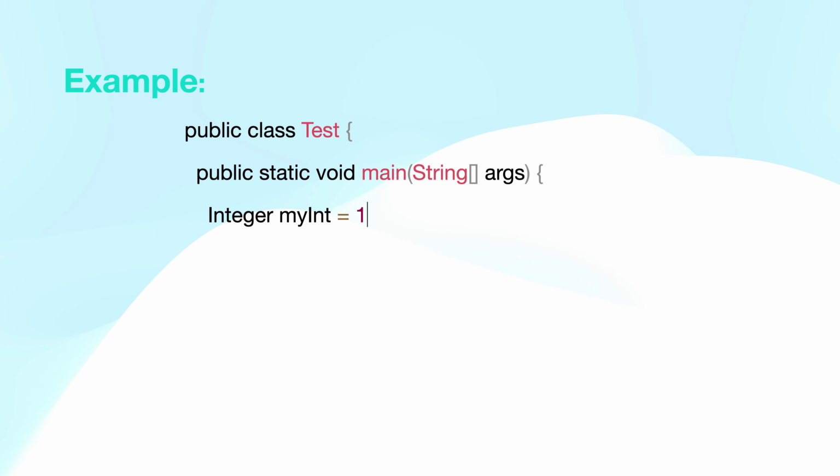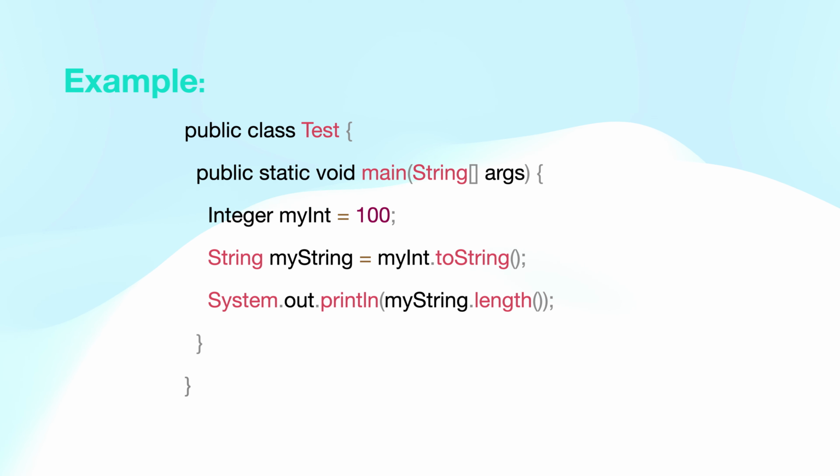Let's go to another example. Here you go. I've created a class called Test, and an Integer myInt as a wrapper class. I've given the value 100 to myInt, and I've changed that integer to a string.